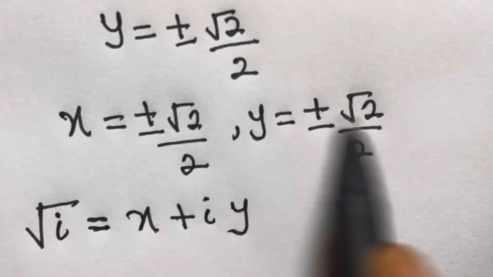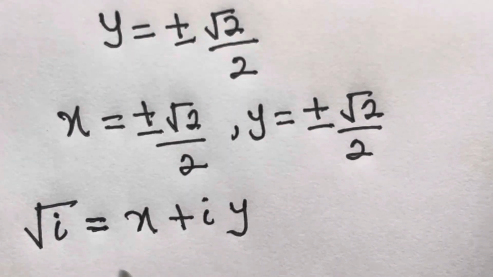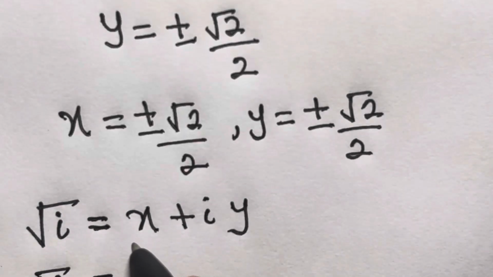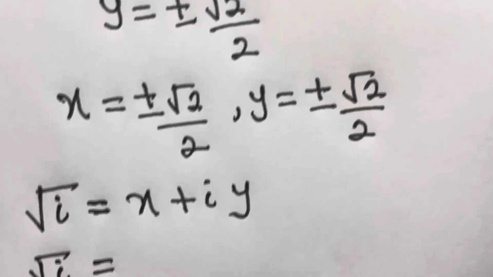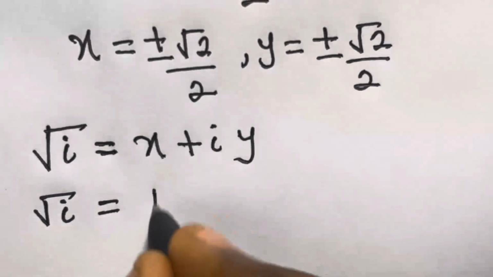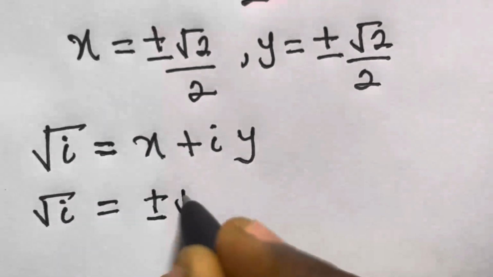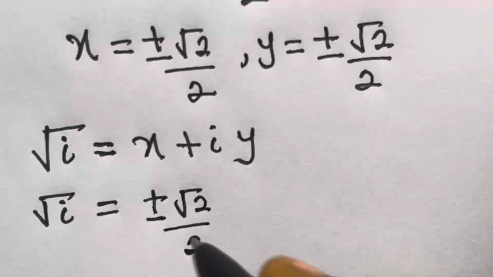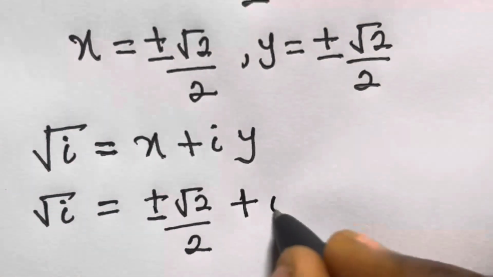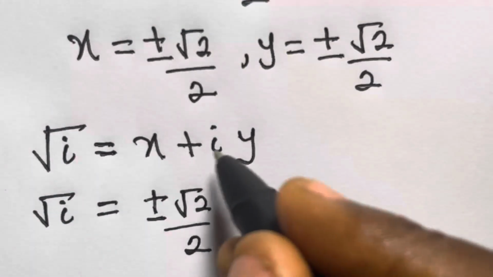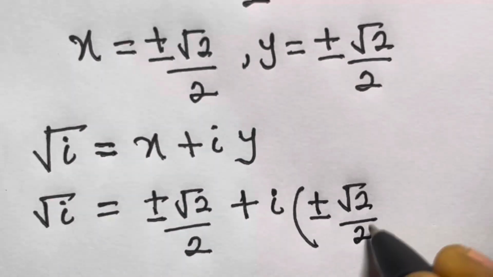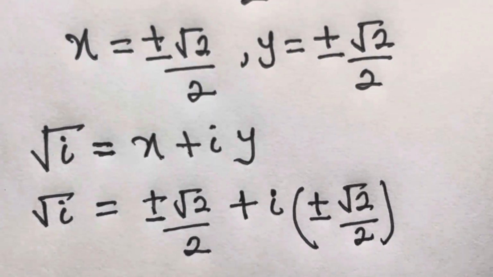So substituting these values, we will have the square root of i equals x, where x is plus or minus the square root of 2 divided by 2, plus i times y, where y is plus or minus the square root of 2 divided by 2.